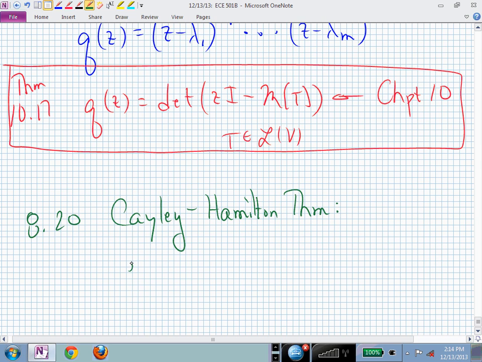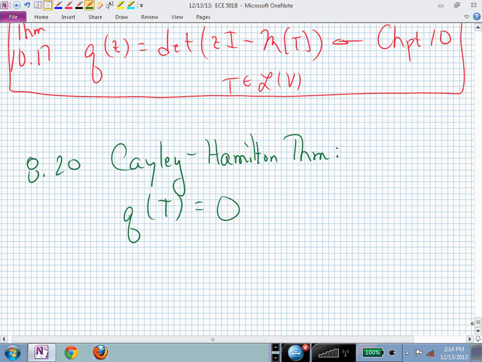And that says that the linear operator, this is maybe an abuse of notation, satisfies its characteristic polynomial. So if you have this characteristic polynomial in Z, if you put T, or the matrix representation of T, in where that Z is, that's going to give you an identity relationship.